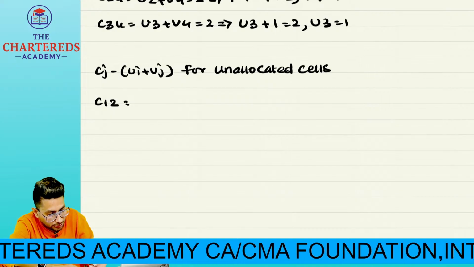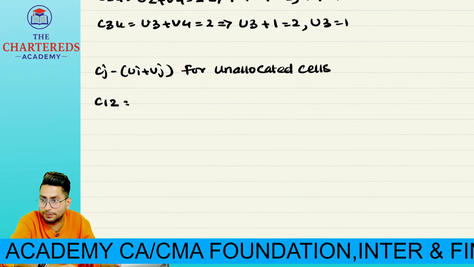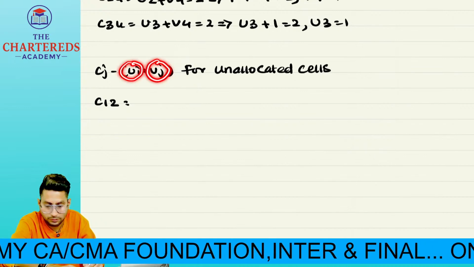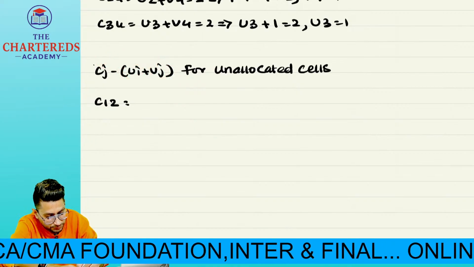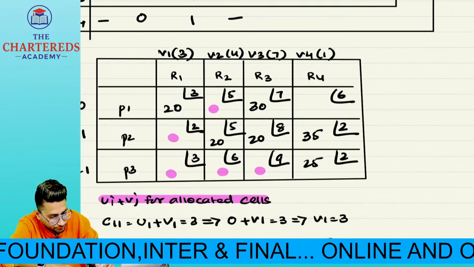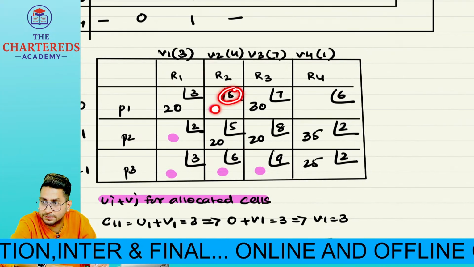Here, in C12, we have to calculate what? Cj minus ui plus vj. ui you already know, vj you already know. What is Cj? Cj is the cost. So in this cell, what is the cost? 5.